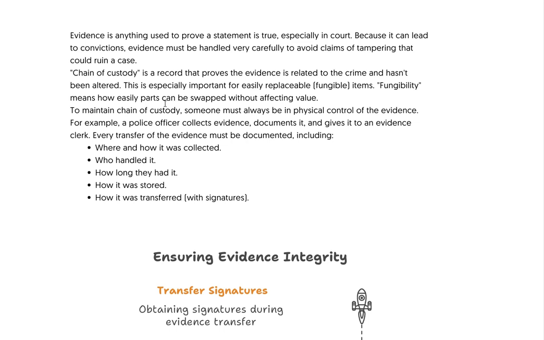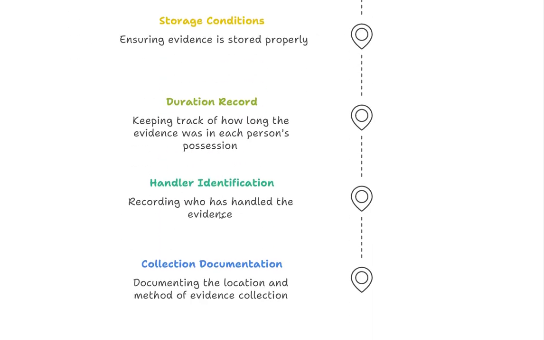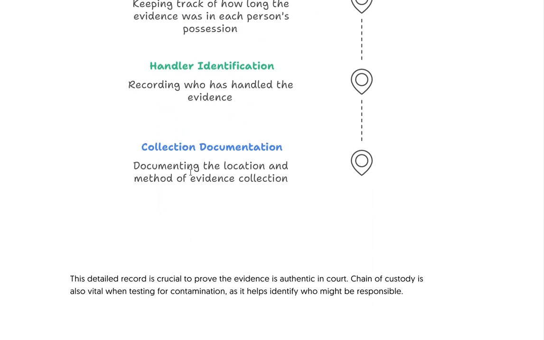For example, a police officer will collect the evidence, document it, and give it to an evidence clerk. Every transfer of the evidence must be documented, including where and how it was collected, who handled it, how long they had it, how it was stored, and how it was transferred, with whose signature. Document the collection: from where, the location.